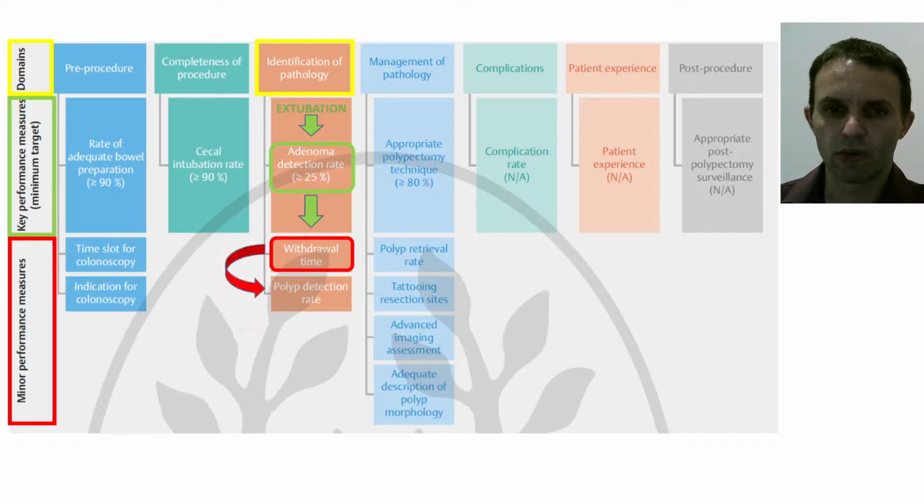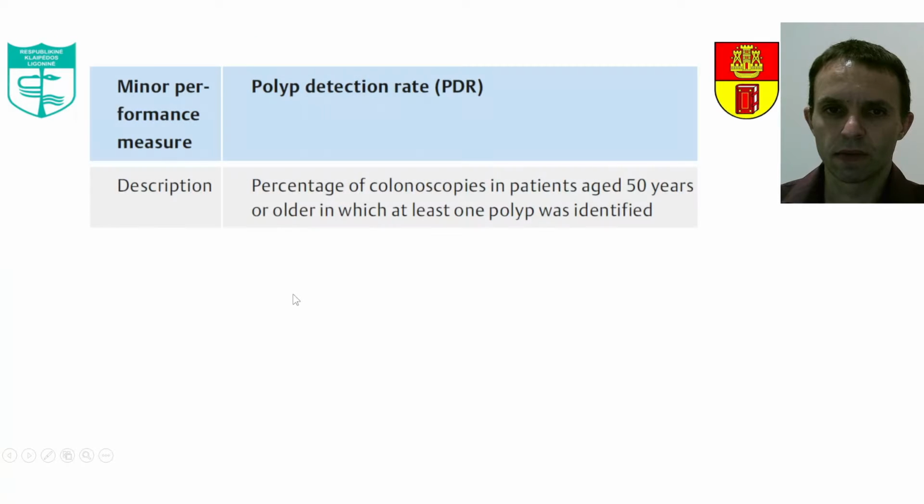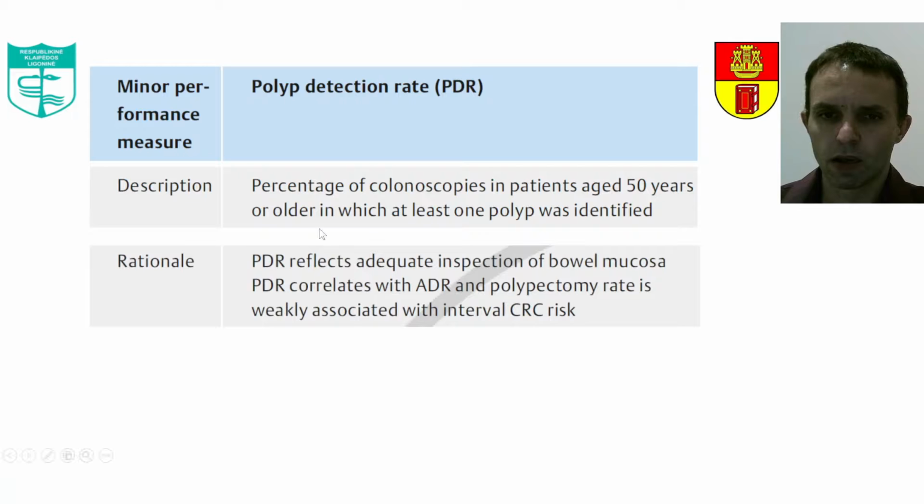The next minor performance measure is polyp detection rate. Polyp detection rate is the percentage of colonoscopies in patients aged 50 years or older in which at least one polyp was identified. It has been shown that polyp detection rate reflects adequate inspection of bowel mucosa.